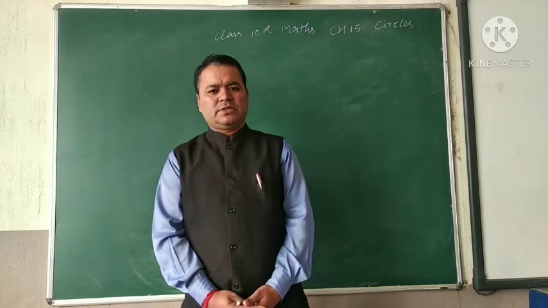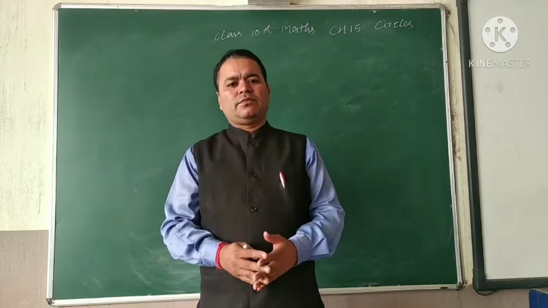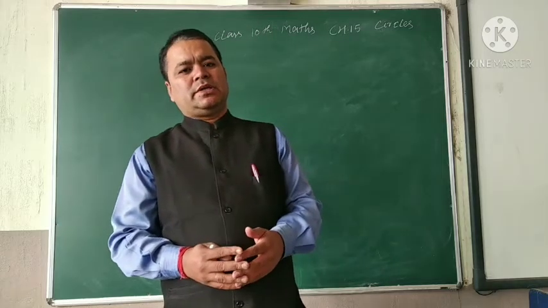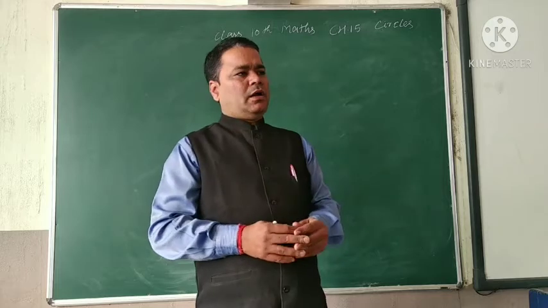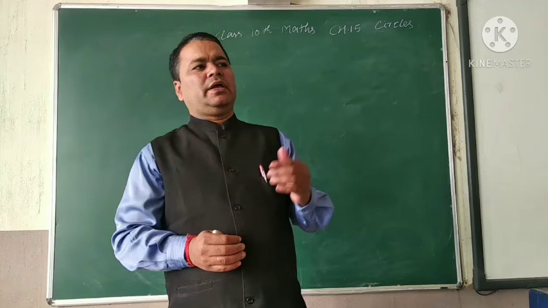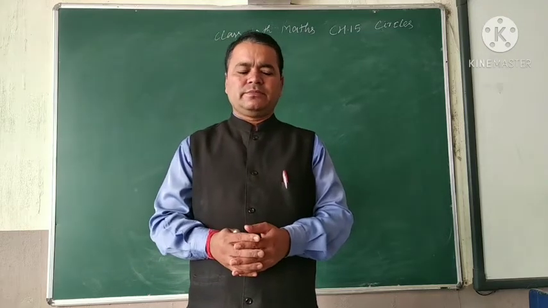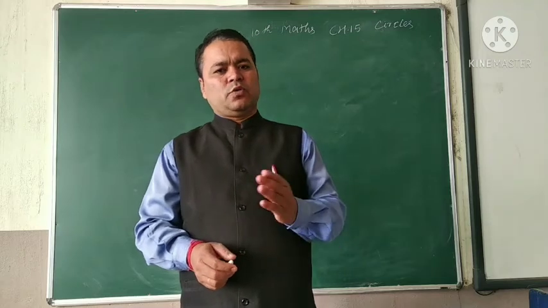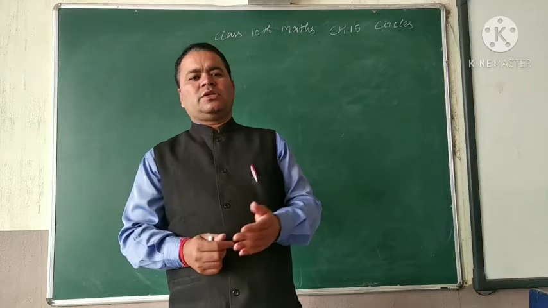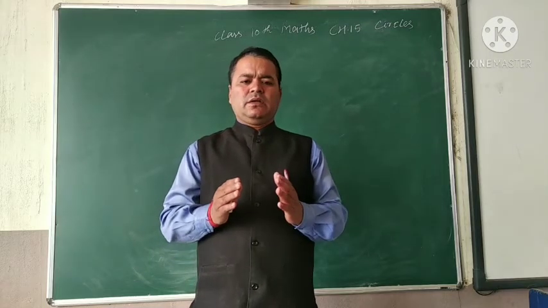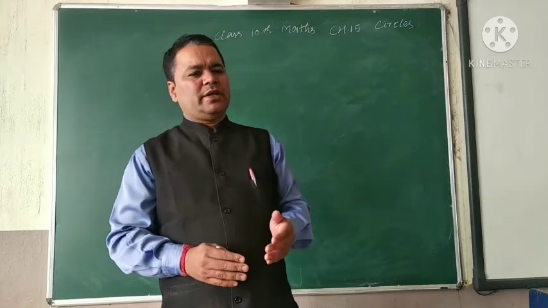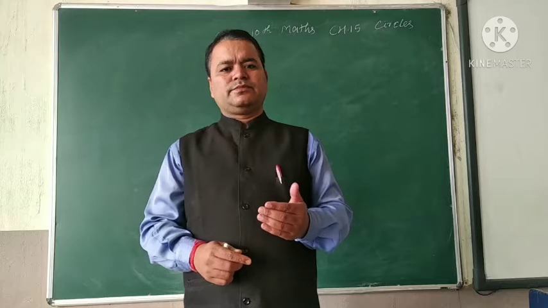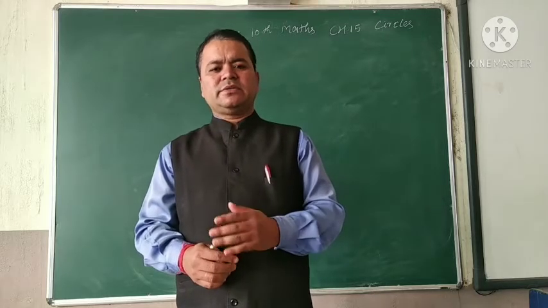In our last video class, we discussed that the ratio of the areas of two similar triangles is equal to the square of the ratio of their corresponding sides.